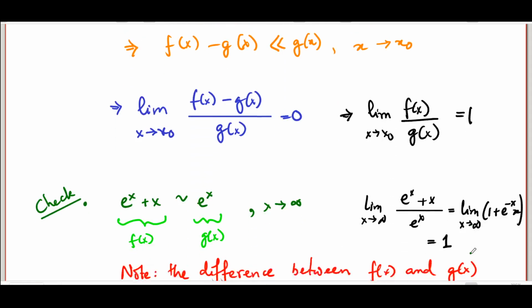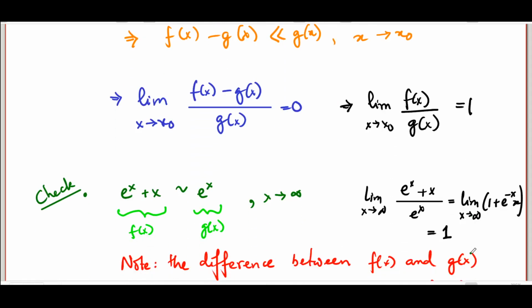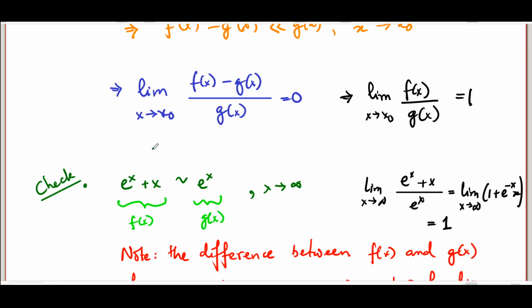Okay, let's check this out for some specific cases. Well, I've been using this example over and over again. If you call this f of x and this g of x, and you're claiming that they're asymptotic as x goes to infinity, the proof of that can be figured out in several ways. In fact, I've already explained why that's the case, but still, if you look at this equation, limit as x goes to infinity of (e to the x plus x) by e to the x is limit as x goes to infinity of 1, which comes from this division, plus x e to the minus x.